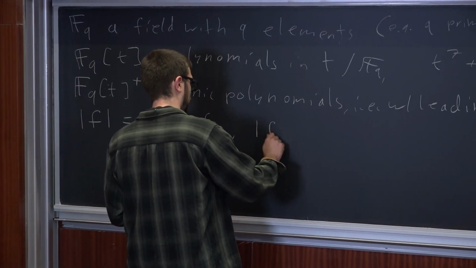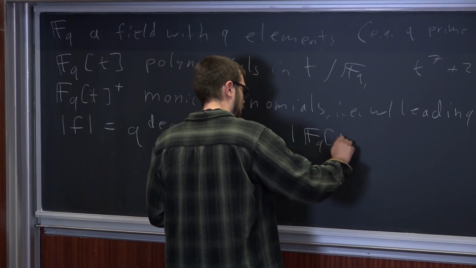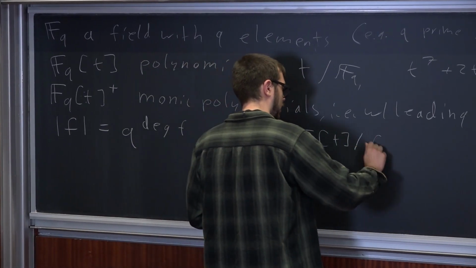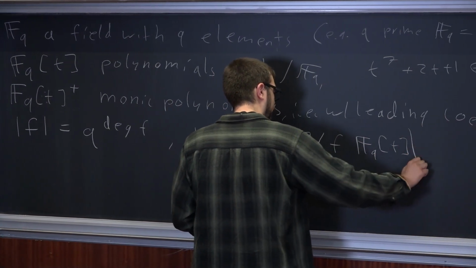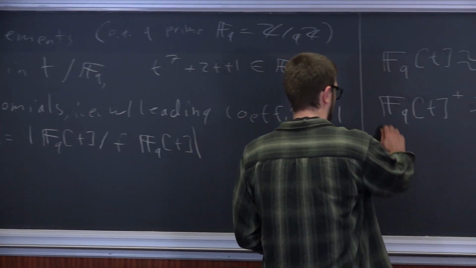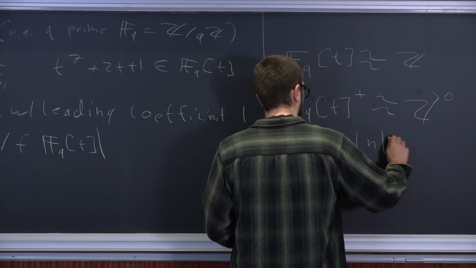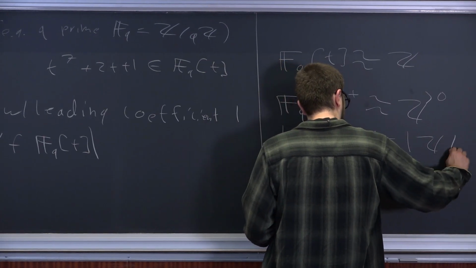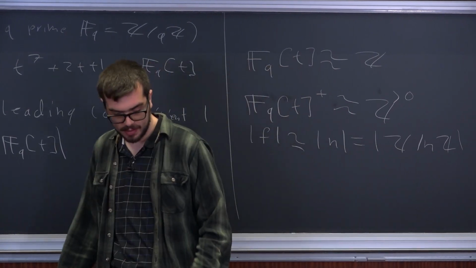Which we can equivalently write: the absolute value of f is the cardinality of the quotient ring F_q adjoin t by f times F_q adjoin t. And so this is analogous to, well, the absolute value of a number, which is also the cardinality of the quotient ring, the integers modulo n Z.